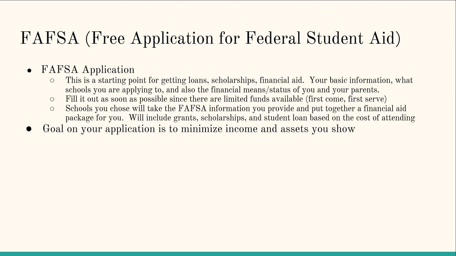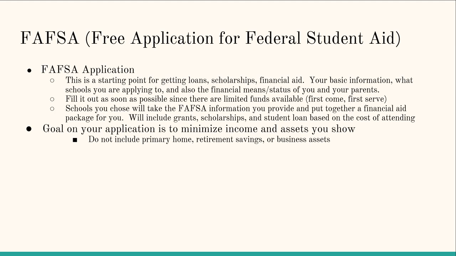I'm not saying to misstate anything or to falsify any information on the application, but there are certain rules you can take advantage of to minimize your income and assets, because the lower your income and the fewer assets you have, potentially the more access you'll have to grants, scholarships, and federal student loans. So within the bounds of the rules, you want to try to minimize your income and assets. So how can we do this?